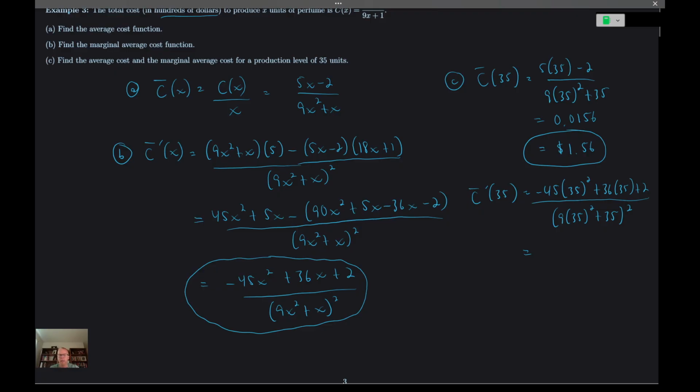So we get negative 0.00044. Let's multiply that by 100 to figure out the cost in dollars, and that will be negative 4 cents. Okay, so there you go.